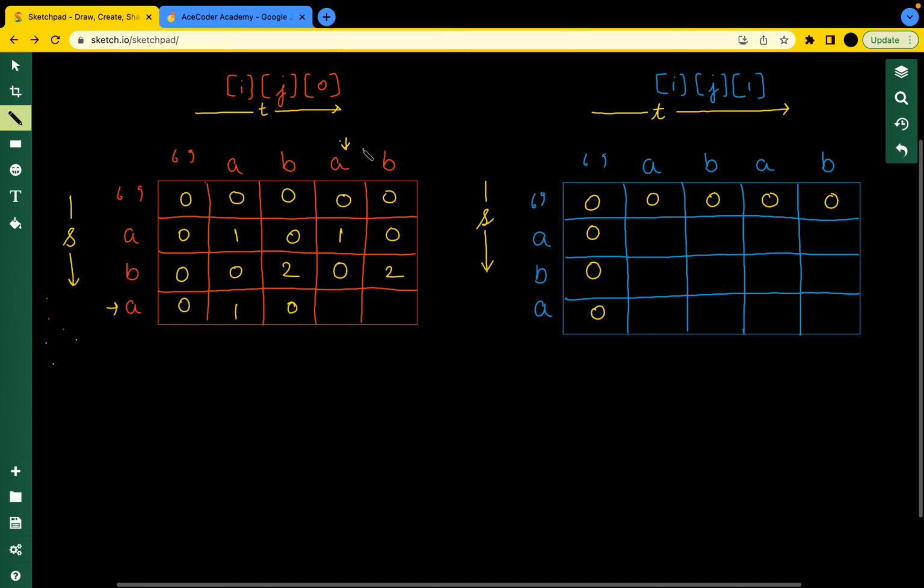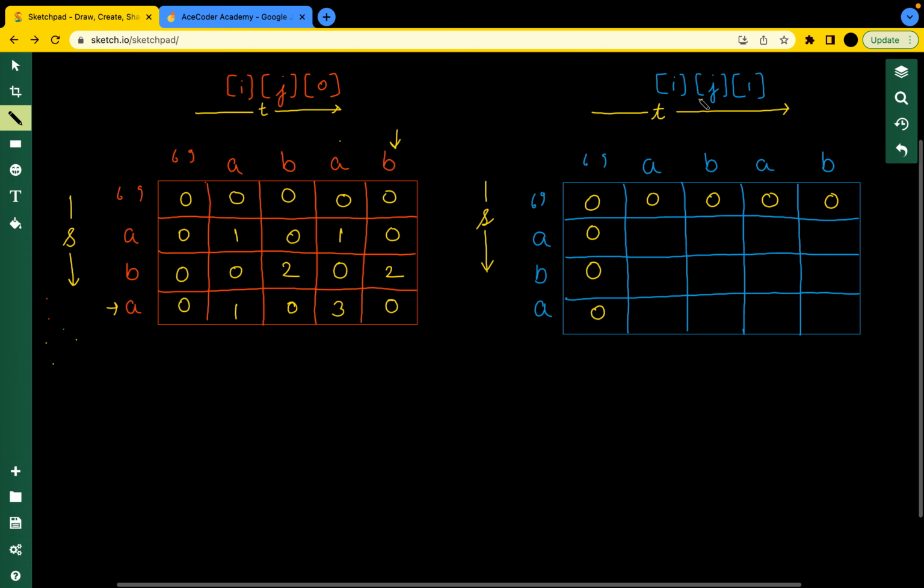And when we are standing at this A, because both are equal, what will be the value possible here? It will be 1 because both are equal, and then we will check for this index, which is 2. So 1 plus 2, it will come out to be 3. And when we are standing at this B, this value will be 0 because they are not equal. Right, so this is how we will be filling this orange array, which means that these are the values of the length of strings which differ by 0 characters.